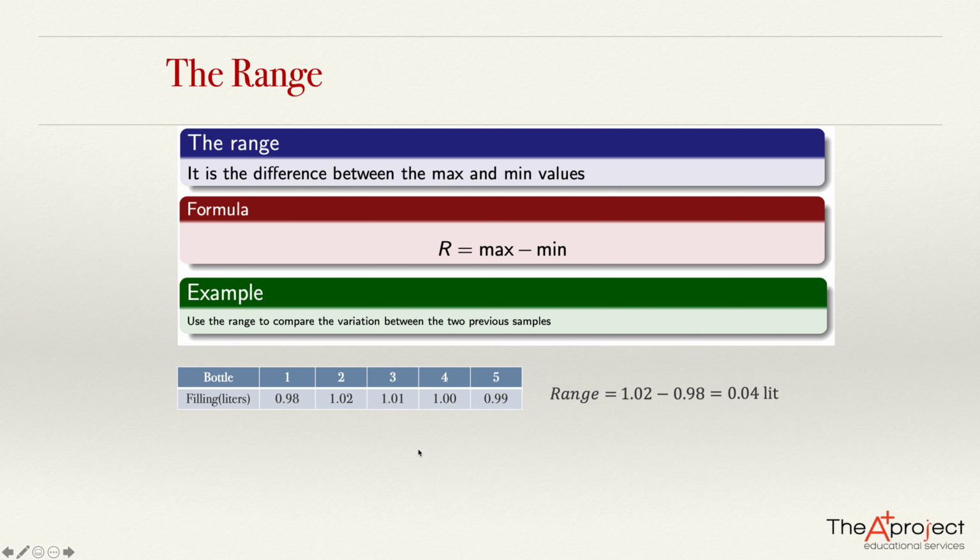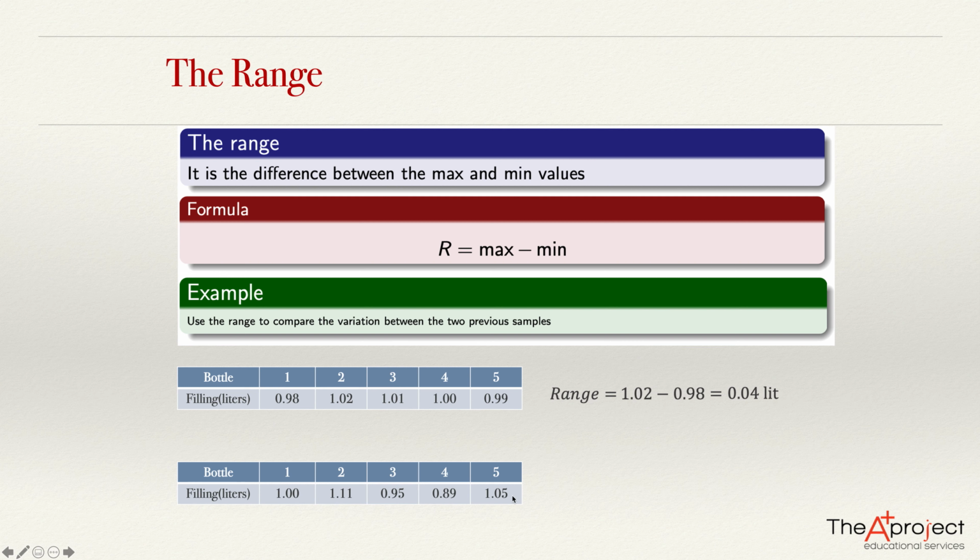For the other sample, we also have all the values here. Maybe they are in a different order now, but these are the same values. So if we want to compute the range, we just look for the maximum of these values, which is 1.11, and the minimum, which is here, 0.89.